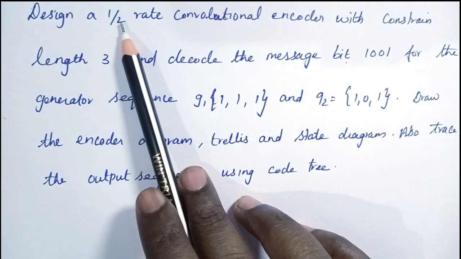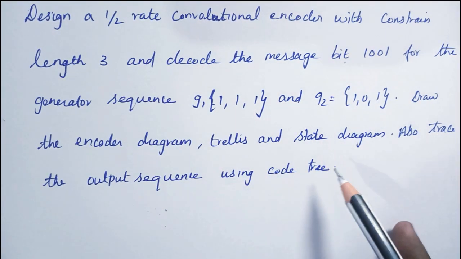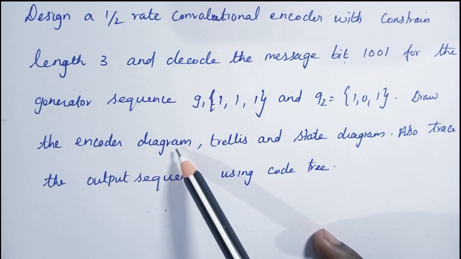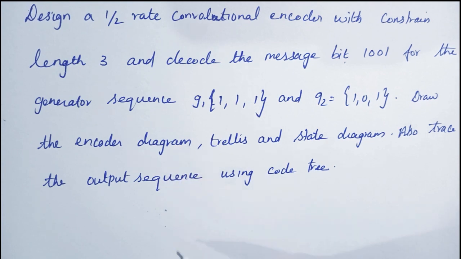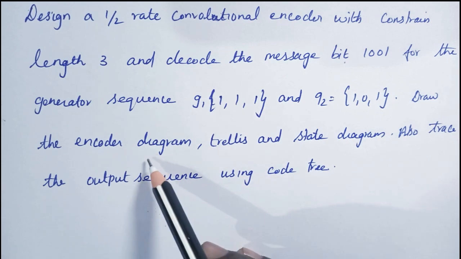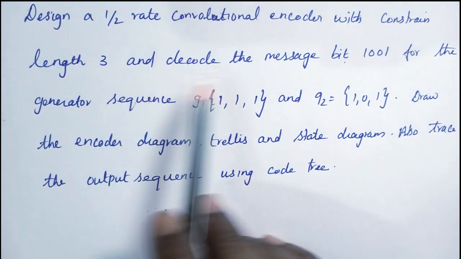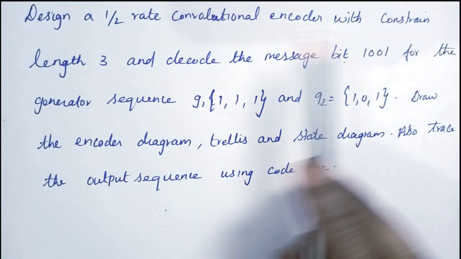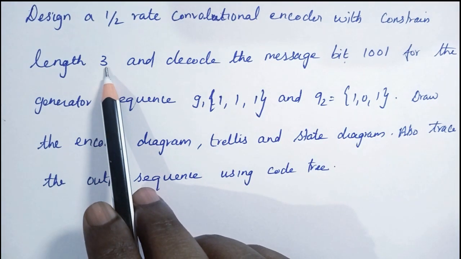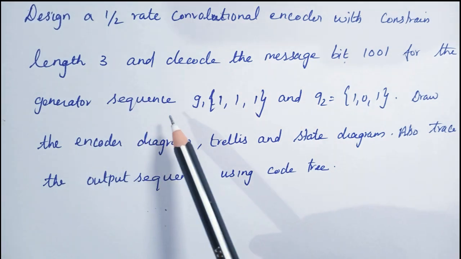So the first question is, draw the encoder diagram. The encoder diagram consists of shift registers and also a logical circuit. Shift registers are memory states, and here the constraint length is 3. Therefore, we are going to have 3 memory states in the shift registers.